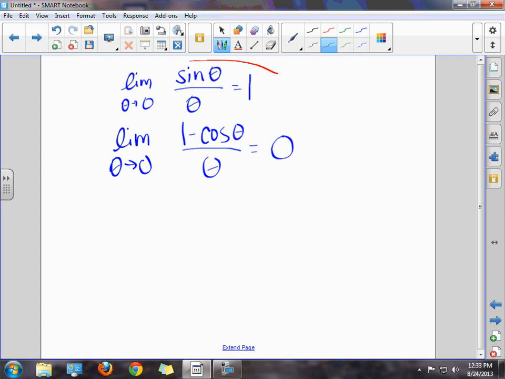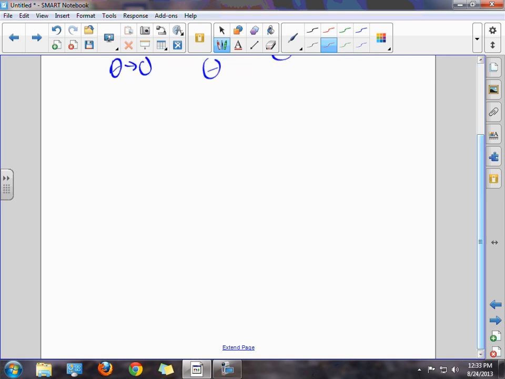This one right here especially, we see that limit a lot, and we can manipulate it so that we are able to evaluate other limits that are of a similar form to that one. So let's take a look at manipulating using these limits.